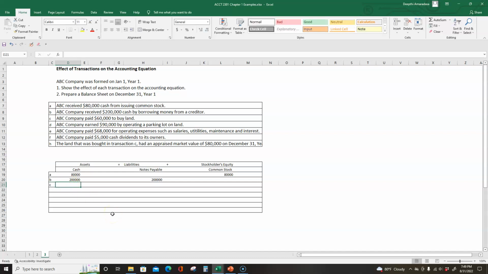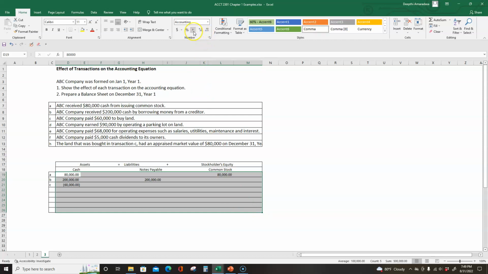So let's look at the cash column. Our cash decreased, so I'm going to put that as a negative number, $60,000. And in accounting, I like to use parentheses to show negative numbers because that will help you easily notice that that is a subtraction, that's a decrease.